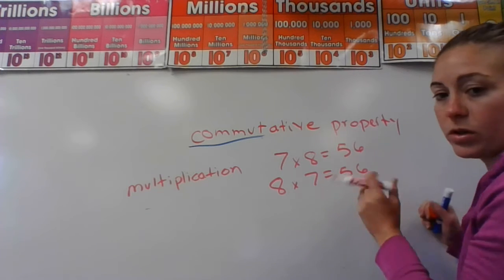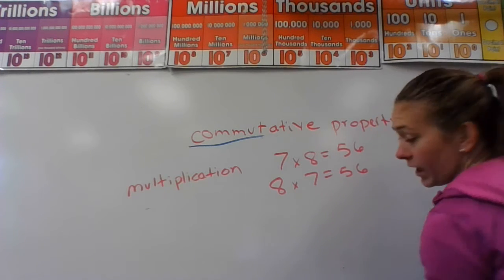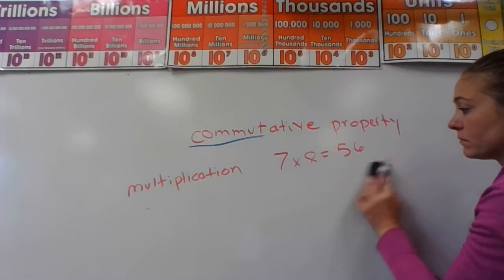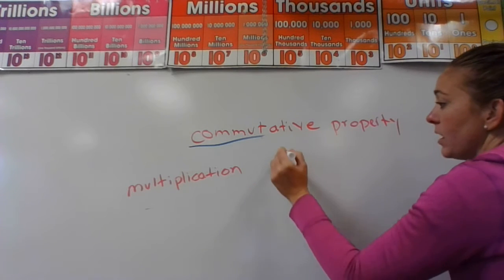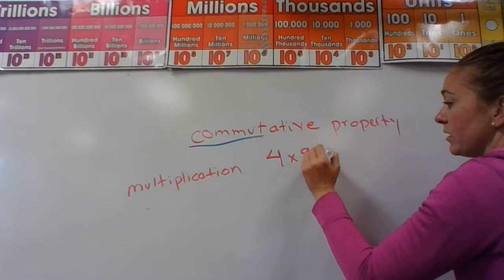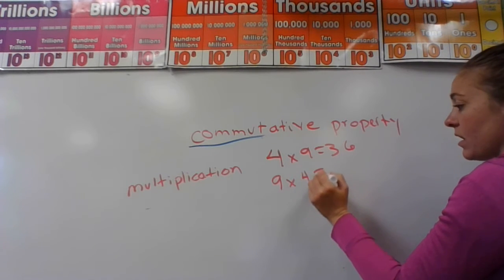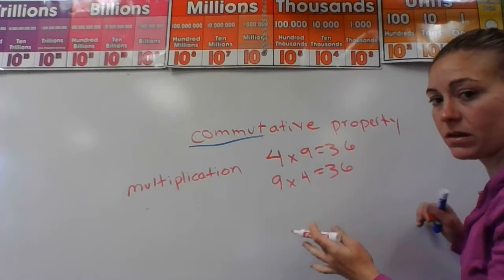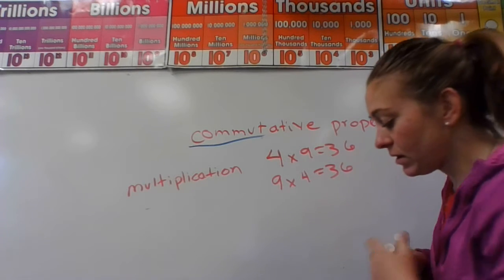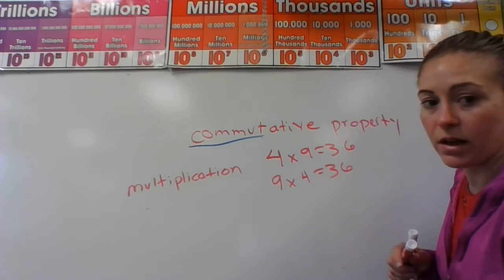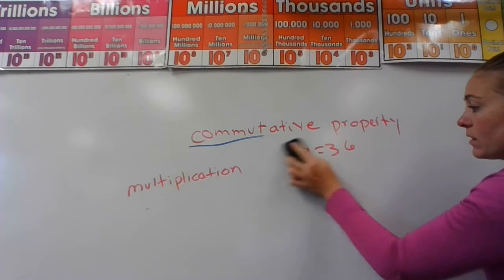It doesn't matter which order I write it in, I get the same answer at the end. I could do 4 times 9 equals 36, or 9 times 4 equals 36. Same answer. And I can also do this with multiple numbers, just like I did with the addition.